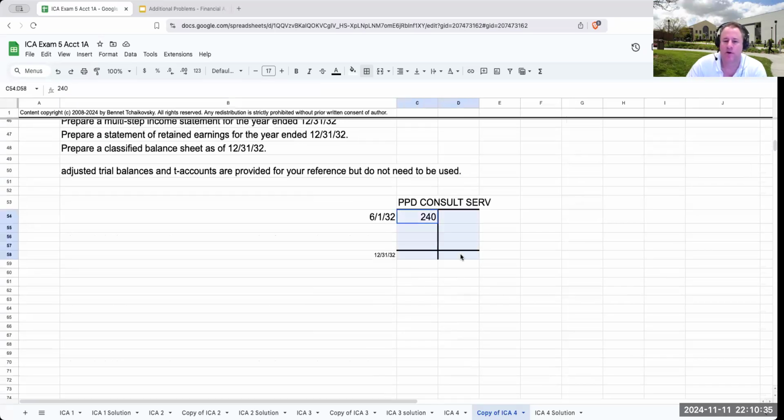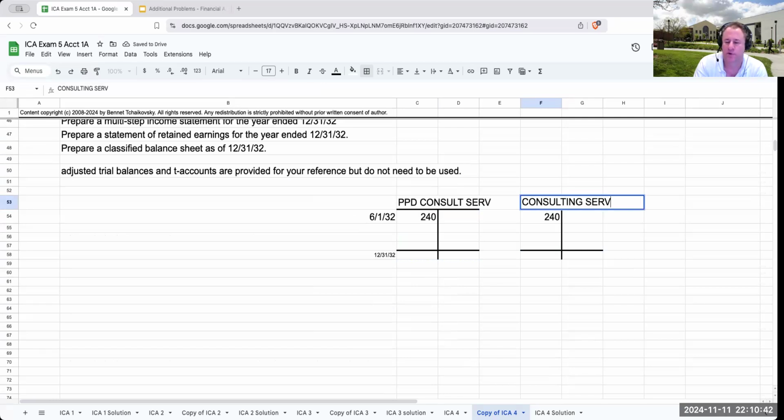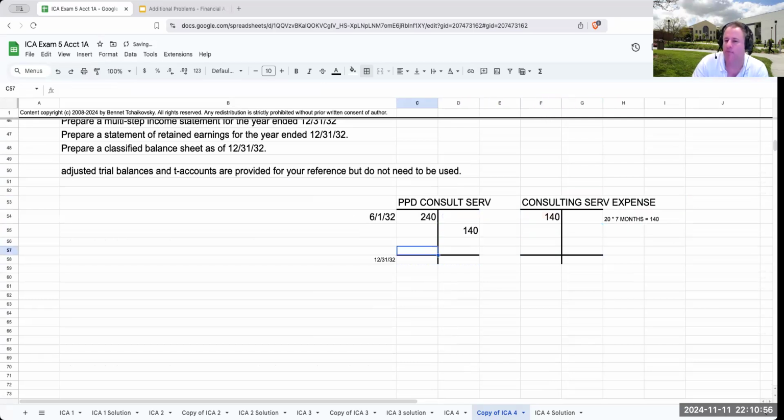So over here, my adjusting entry is going to be for consulting service expense for 140, or 20 times 7 months equals 140. For every debit, I need a credit. I'm going to credit prepaid consulting services.